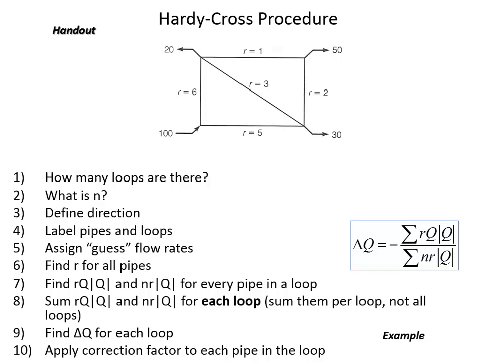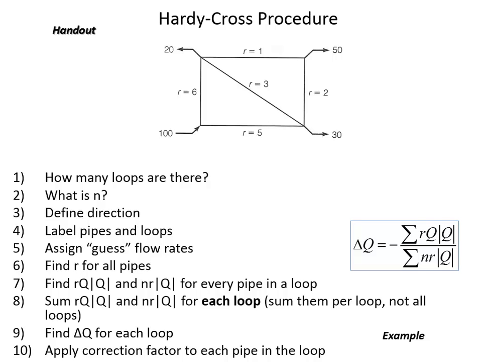So 50 is positive because for pipe 1-4, it was up, which is clockwise. Pipe 1-3, if you look at pipe 1-3 from the perspective of loop 1, when I'm inside of loop 1, this flow being 15 down, that is clockwise, which is positive. So that's why I've got positive 15. And then pipe 3-4 is against clockwise.